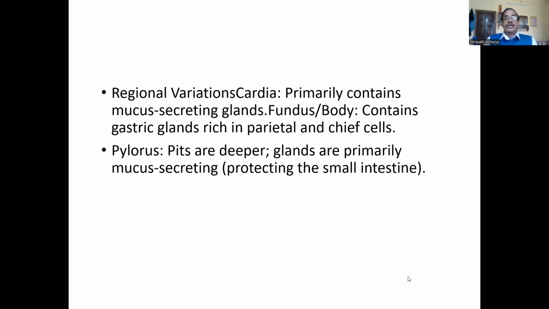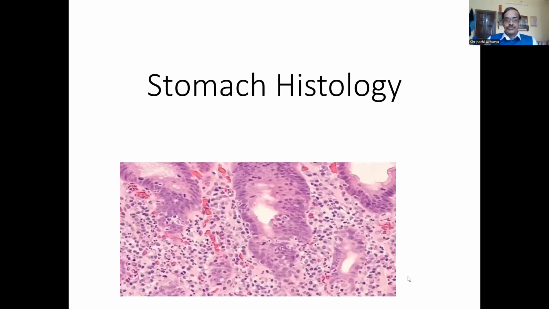Regional variations. Cardia primarily contains mucus secreting glands. Fundus and body contain gastric glands rich in parietal and chief cells. Pylorus pits are deeper. Glands are primarily mucus secreting, protecting the small intestine. Some more slides of stomach histology.